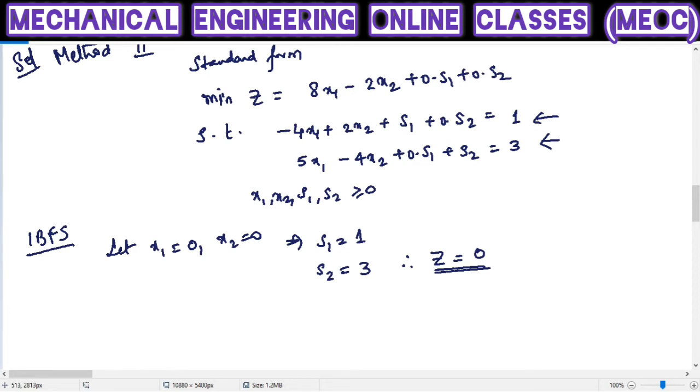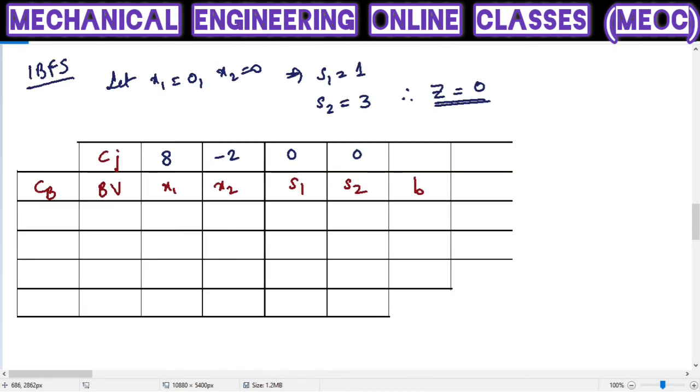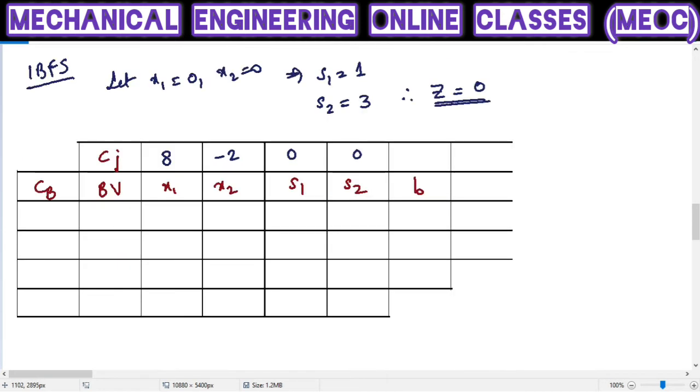Let us start with the simplex table. Coefficients of x1, x2, s1, s2 from z are 8, minus 2, 0 and 0. Then the basic variables here in the first step, IBFS, are s1 and s2. Coefficients of s1 and s2 in z are zeros.